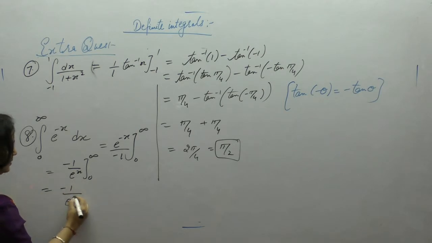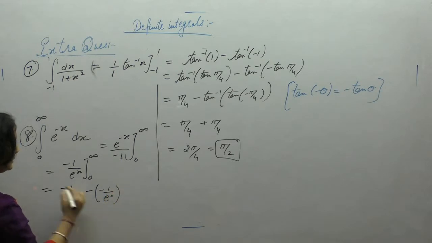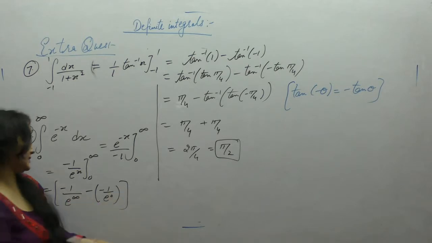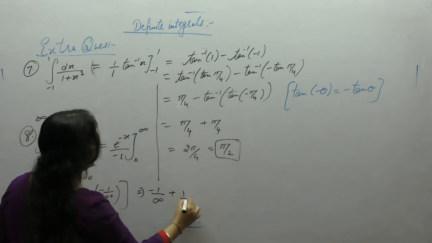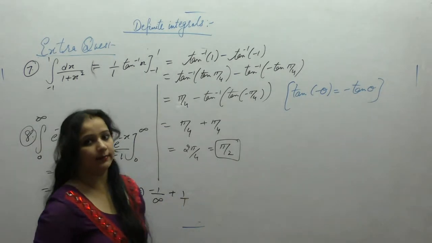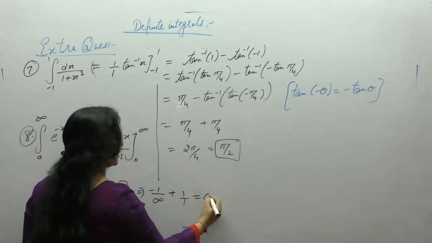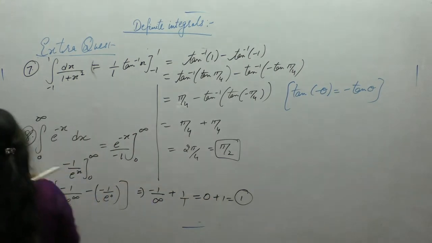Minus 1 minus lower limit. Something power infinity is infinity, so minus 1 upon infinity. किसी भी टर्म की पावर 0 हो तो आंसर विल बी 1 and something upon infinity is 0 plus 1 is 1.